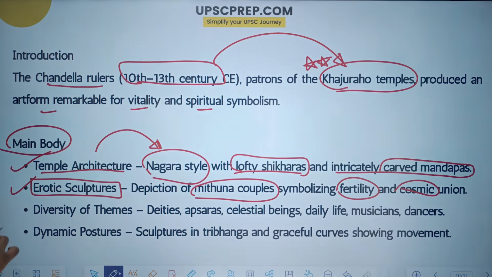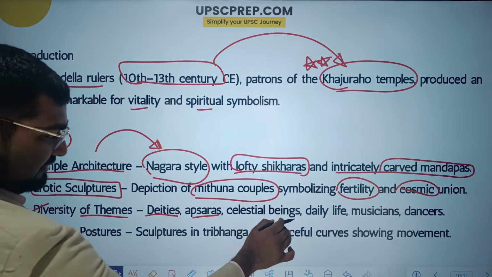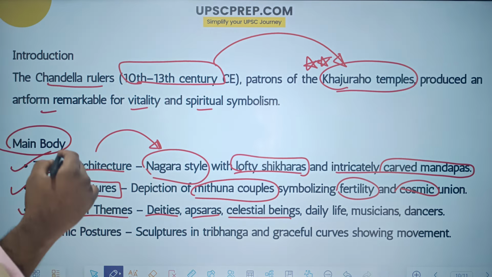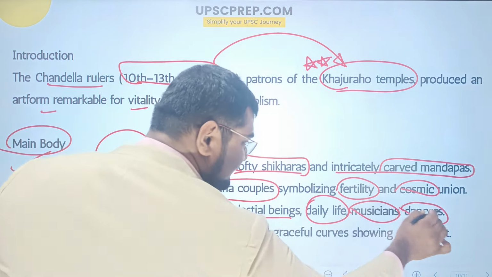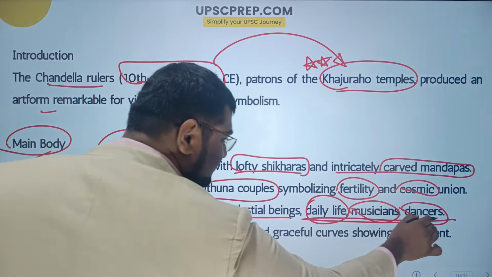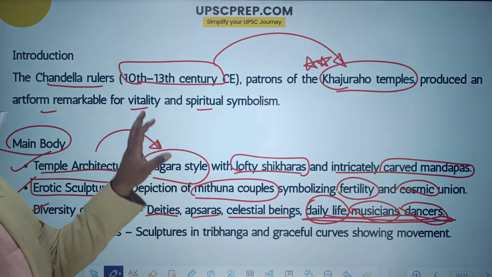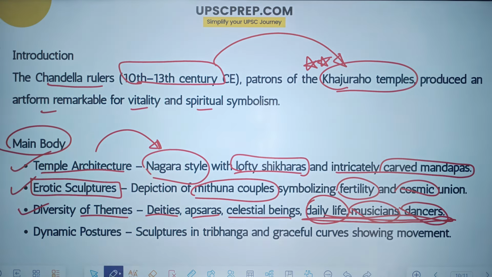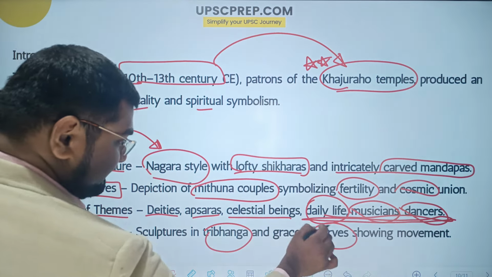Okay. Then diversity of themes are there, like deities, apsaras, celestial beings, daily life, musicians and dancers. These are more or less common in almost all the sculptures associated with any particular patron, right? Then dynamic postures, sculptures in tribhanga and graceful curves, right?